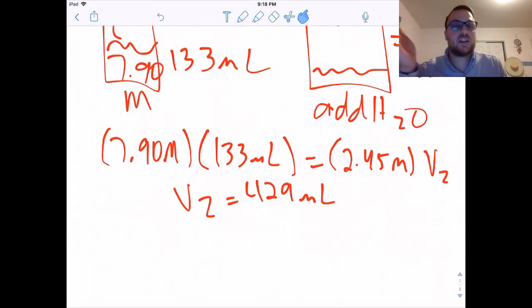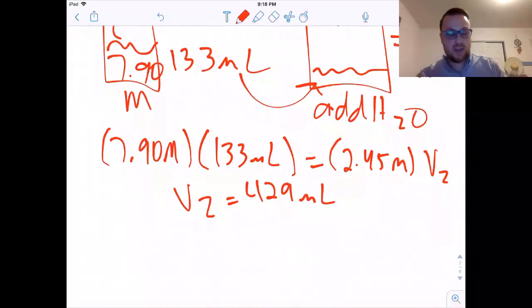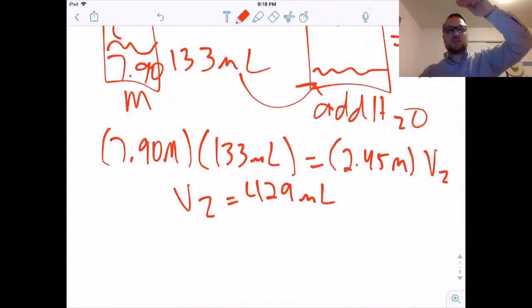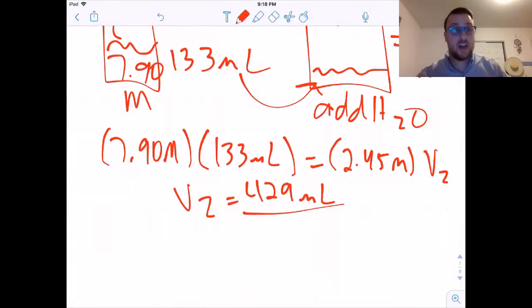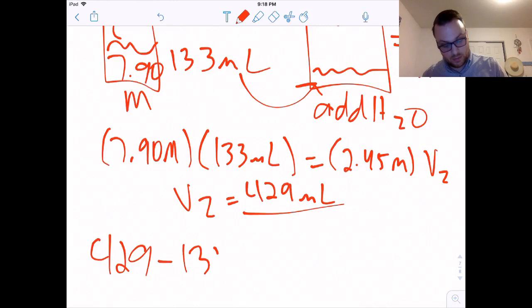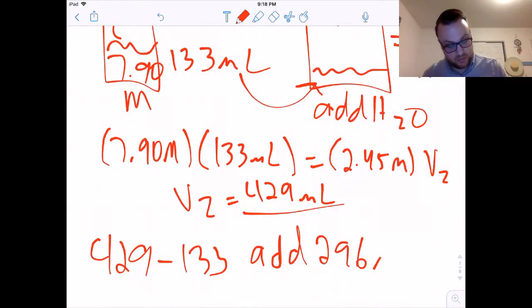I want to know if you take 133, just 133, and put it in there, how much does the volume have to be until it's 2.45, which would be 429 milliliters, which means you would have to subtract those two, 429 minus 133, you'd have to add 296 mils of water, and then it's diluted. And that's what I do. So every time you work with acids, we have a huge, big jug.